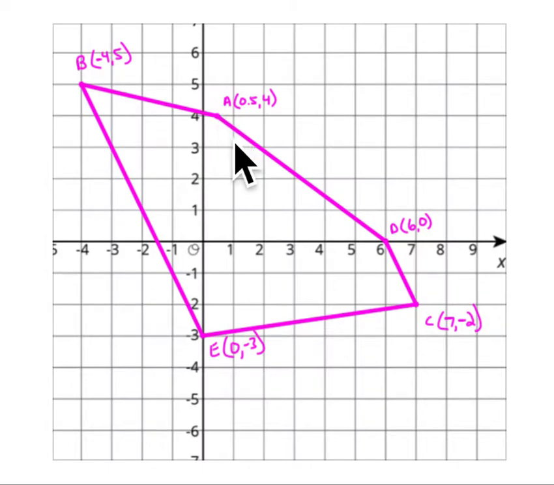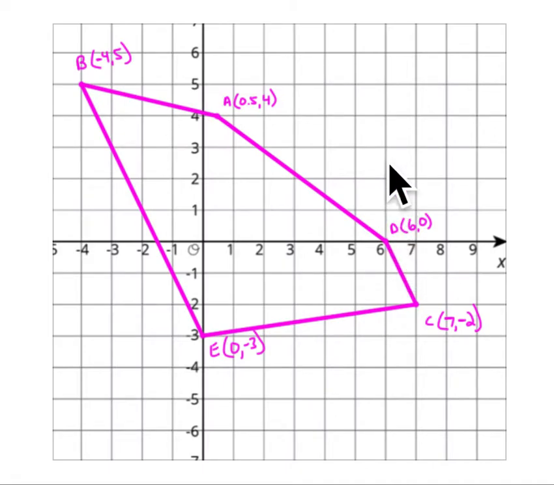A is going to reflect down here, an equal distance on the other side of the x-axis. So we can call that a perpendicular distance. It forms a right angle with the line of reflection, or the x-axis in this case. D is right on the x-axis. So the reflection of D is actually just D. It doesn't go anywhere.